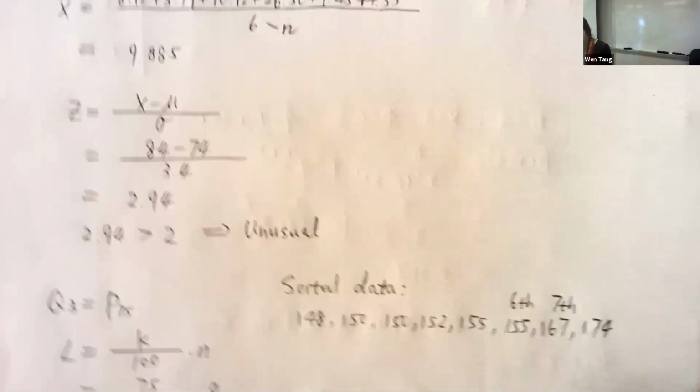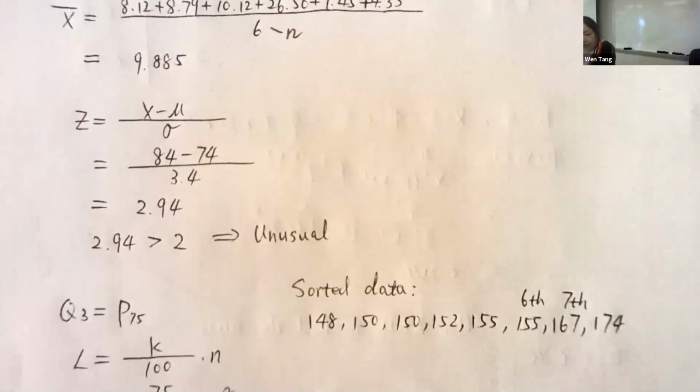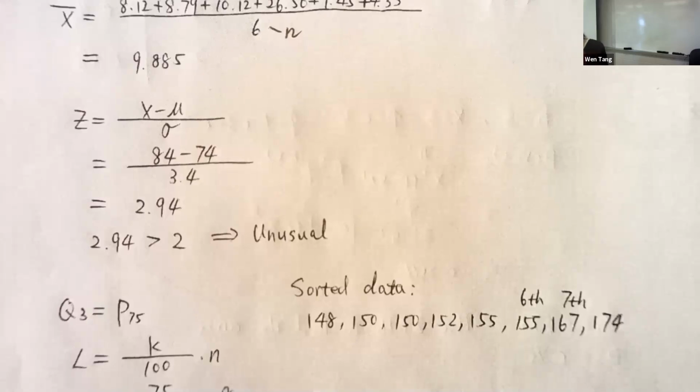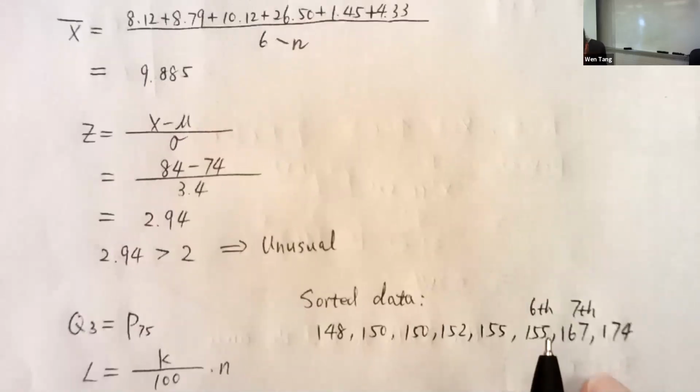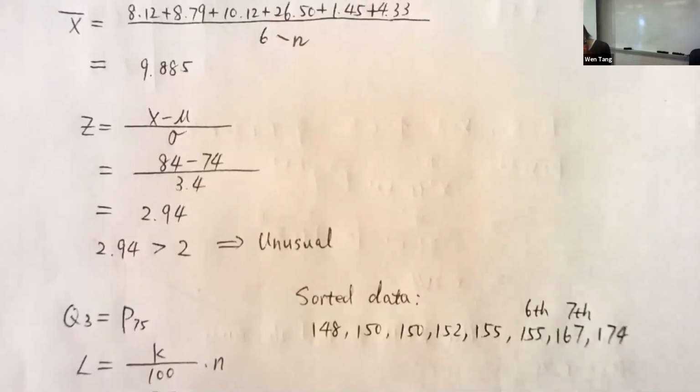After that, if we want to know Q3, we actually want to find P75. Q1 is just P25. Q2 is just P50, which is also called the median. Q3 is P75. So we're going to use the formula to find which value is our Q3. This is the formula.